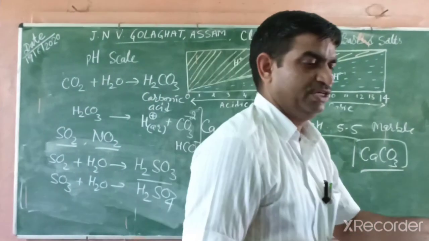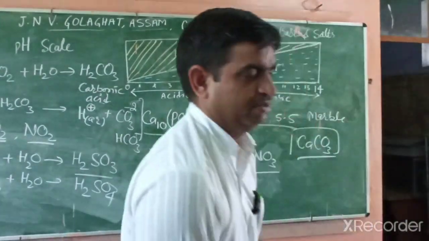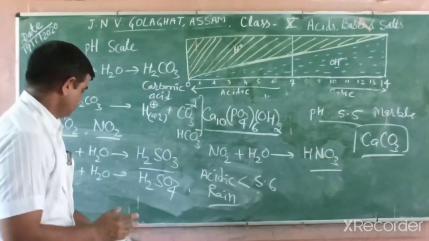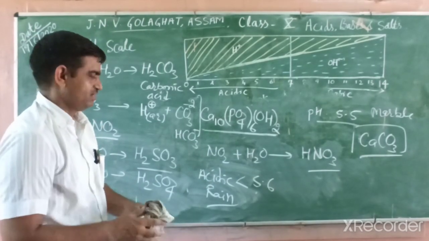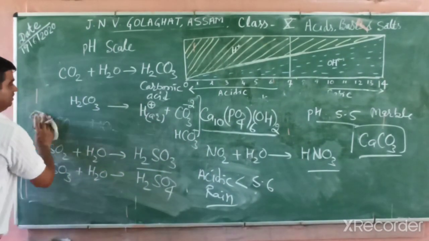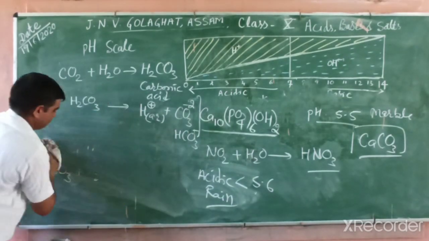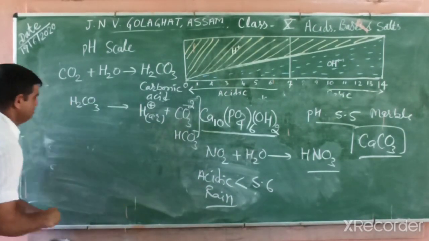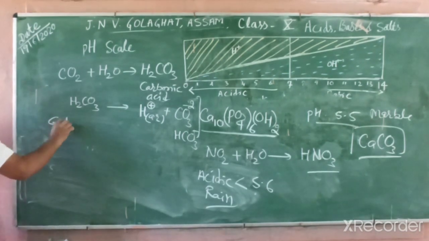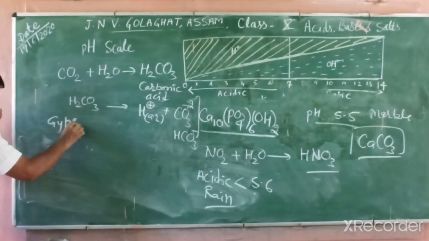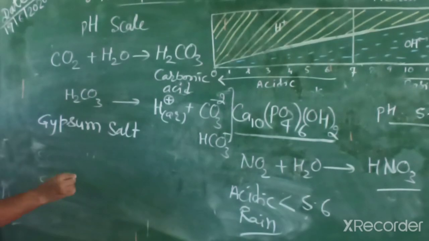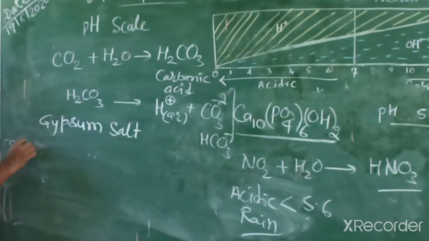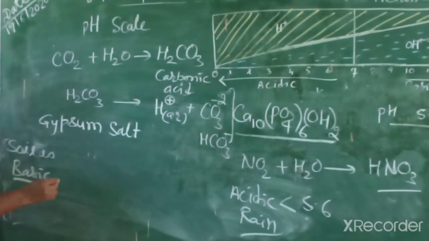So if the soil is acidic, then we use a basic salt to neutralize it. If the soil is basic, then we use an acidic salt. Which salt do we generally use? We use gypsum. If the soil is basic, then we use gypsum salt.